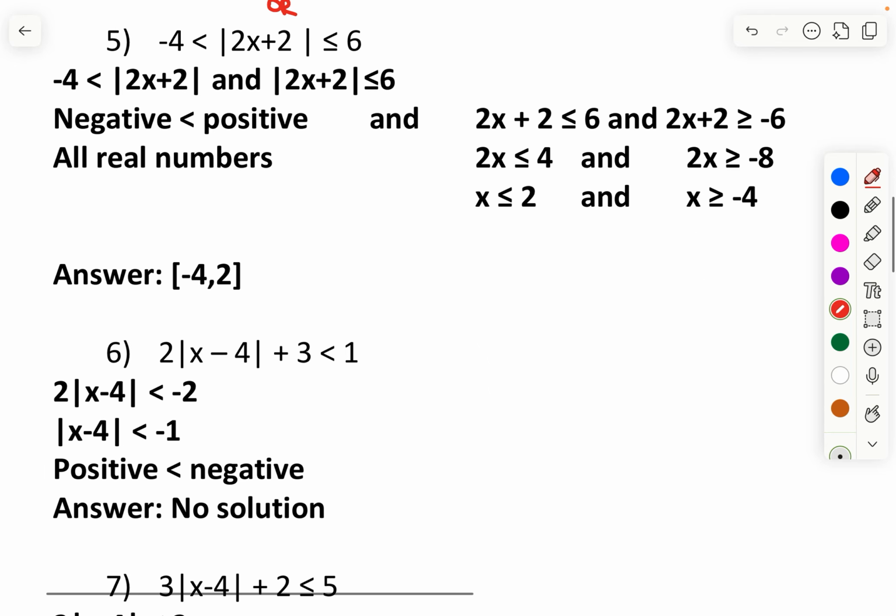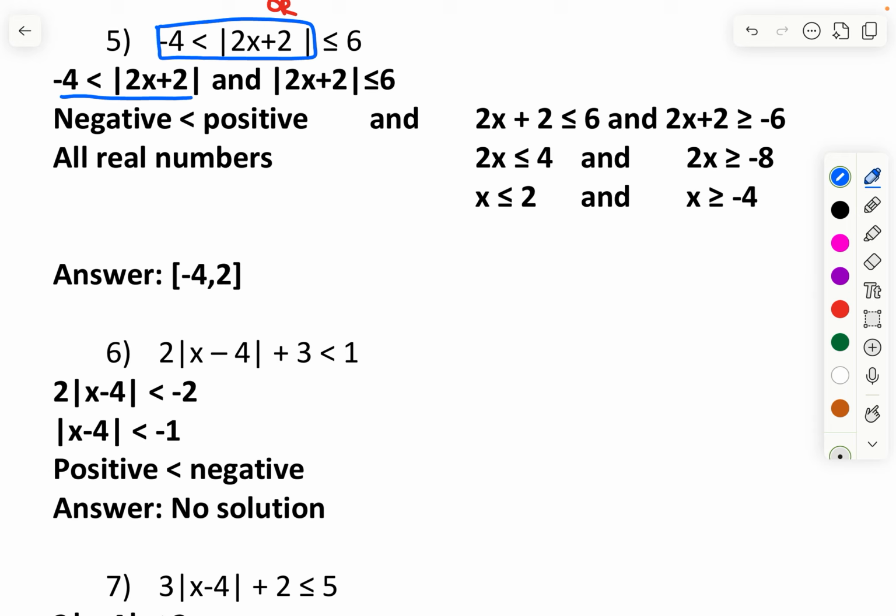We can't just work with this inequality from the inside out like we did on the one earlier in the lab because of those absolute value bars. So I have to separate these into 2 separate inequalities. You'll notice this side right here, -4 is less than the absolute value of 2x plus 2.